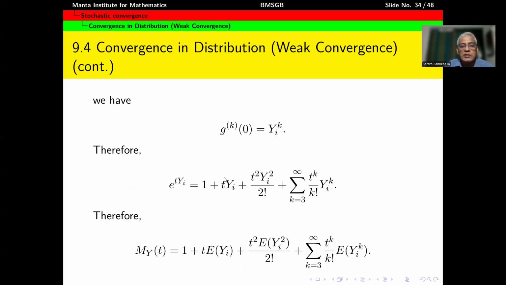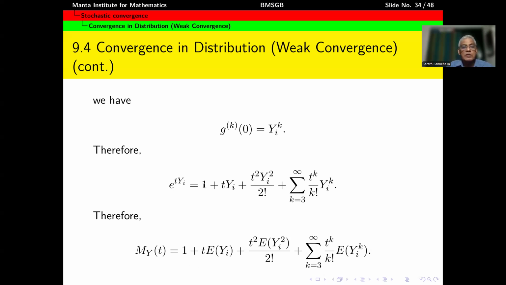Here I'm writing the expansion up to this point, and after that all the terms I'm going to put in a summation, because later on we can show that all those go to 0 as n goes to infinity. That's what we are going to look at: we are going to see what happens to the moment generating function when n goes to infinity. Remember, the moment generating function is equal to the expected value of this quantity.